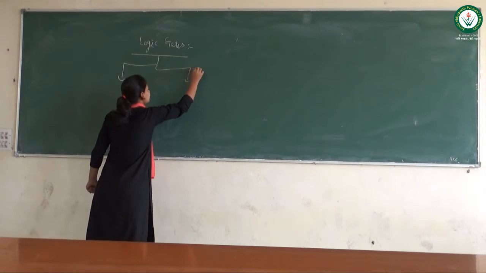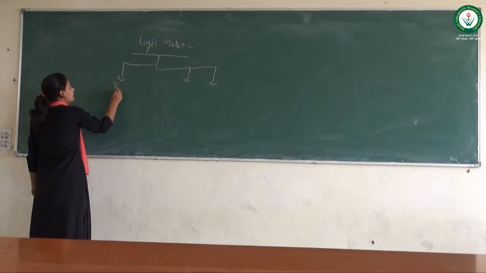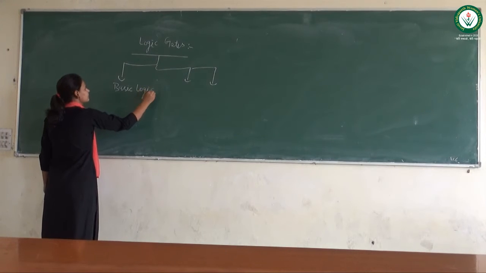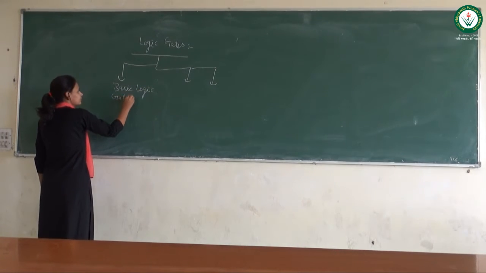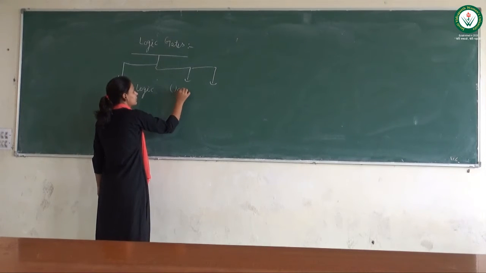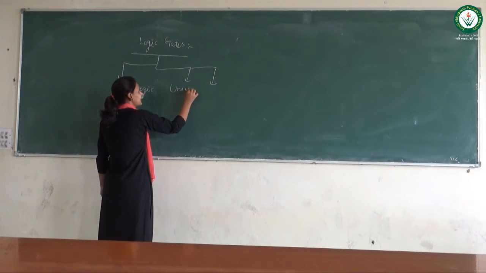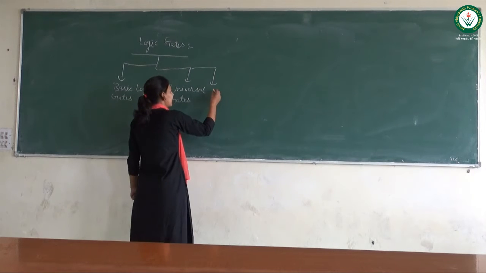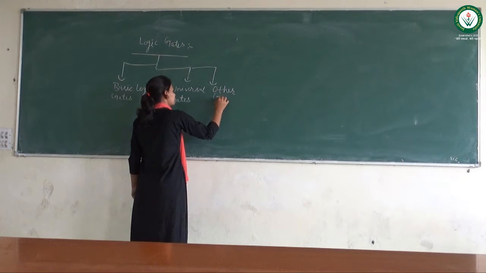First category is basic logic gates, second category is universal gates, third category is other gates.